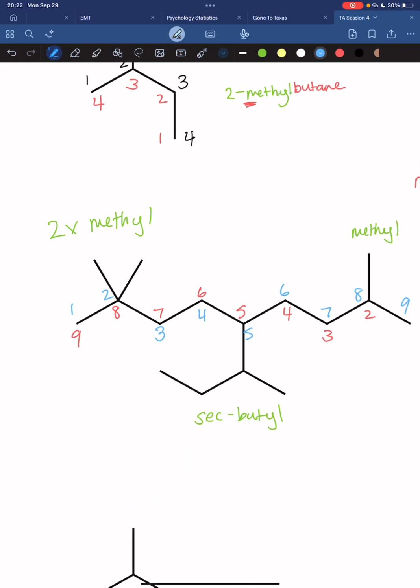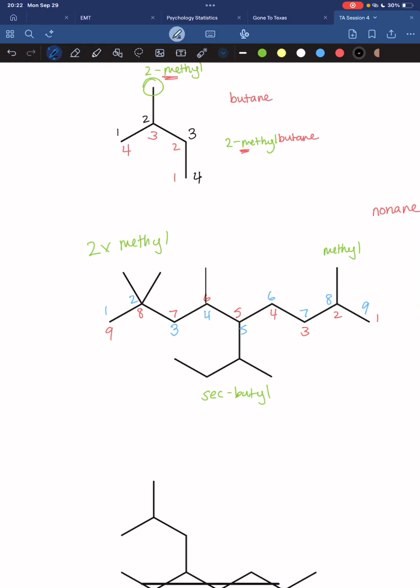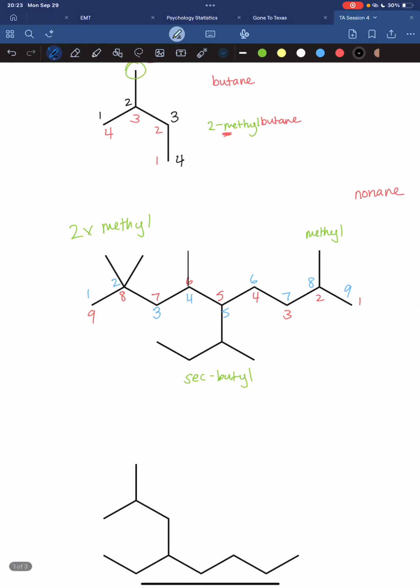But let's say I had this molecule, a chain that goes up like this. I can number it going from here, this way, the way in red, or I can number it going this way, the way I have it in blue. Both of them have a substituent at carbon 2 in their respective paths.